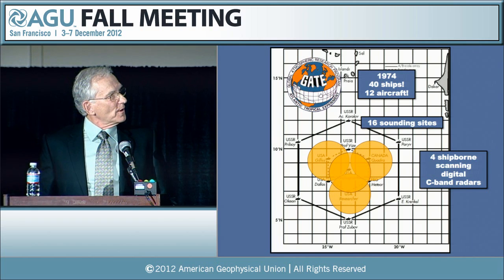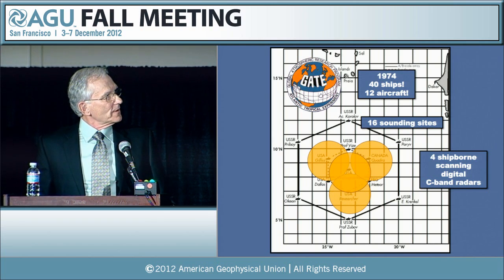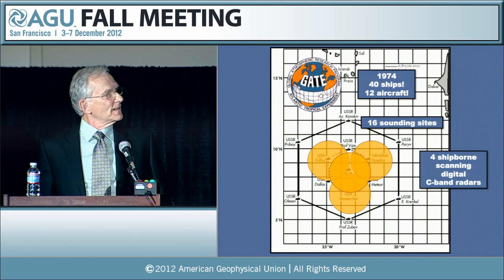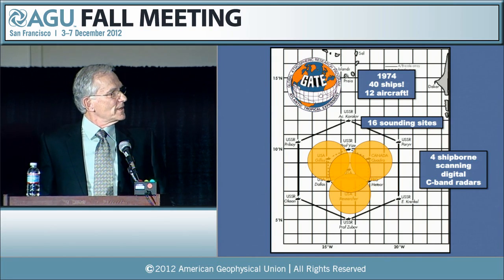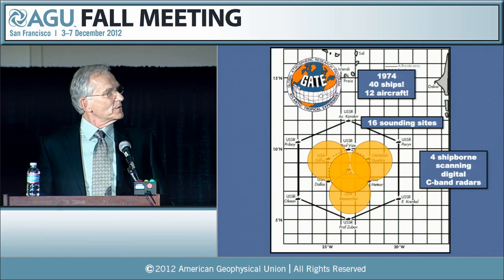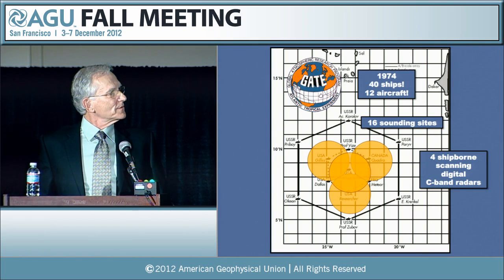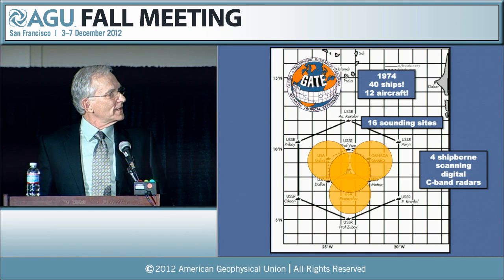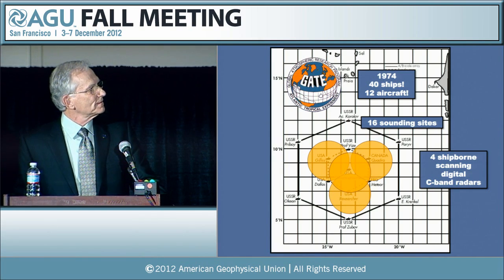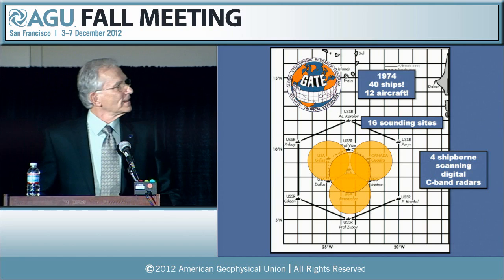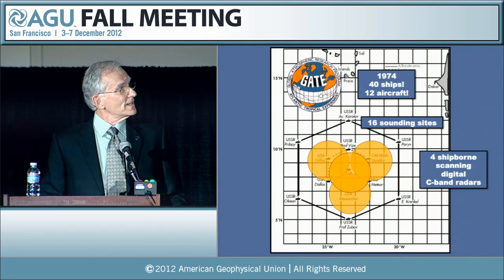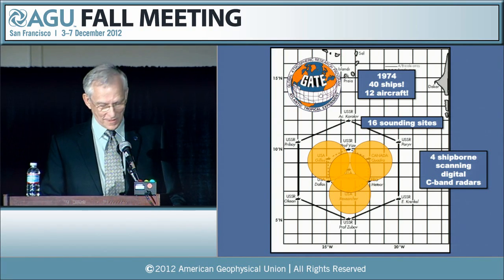There were also 4 radars on ships, and these radars ended up playing a pretty important role. They were there to measure the rainfall within this hexagon of ships. You'll notice that around the edges, the ships are USSR ships, and the ships in the center are a mix of countries: USSR, USA, Germany, Canada. So it was truly a very fine international effort.